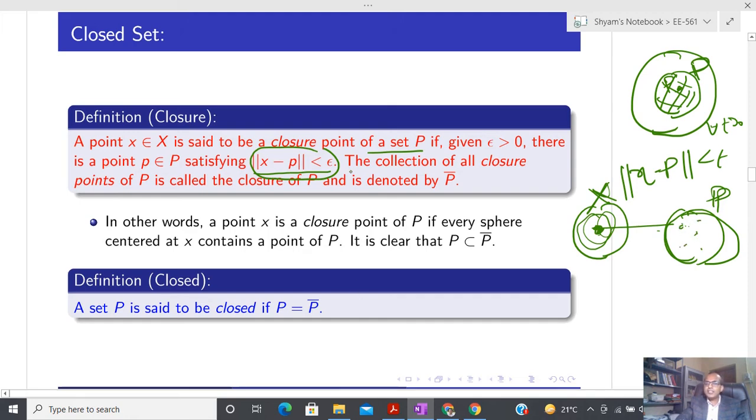If this condition is satisfied, then that point satisfies the property of a closure point of P, and that is denoted by P bar. So now a set P is said to be closed if it satisfies this kind of property. Anyone has confusion, then please let me know.